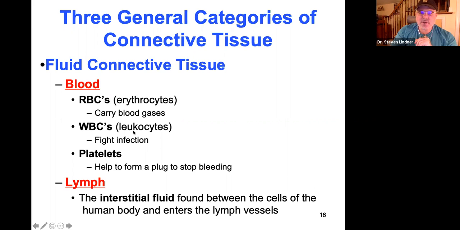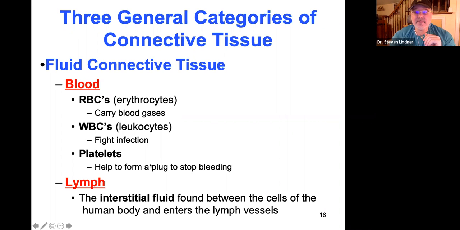White blood cells, these are leukocytes. These are going to fight infection. And again, the granulocytes are the basophils, eosinophils, and neutrophils. Those are granular in the cytoplasm. Remember, the basophil has that very S-shaped nucleus. The eosinophil is bilobed, and the neutrophil has about 3 to 5 lobes to the nucleus.